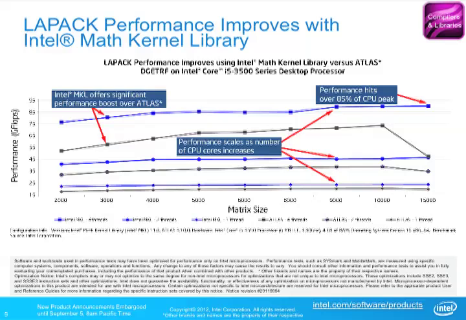I've got a chart that shows MKL benchmarked against a very popular open source package that does similar math libraries, in this case LAPACK. And we're very proud of our optimizations that get good performance. One of the characteristics of our libraries is we work very hard to make them less sensitive to various block sizes, the size of the problem.